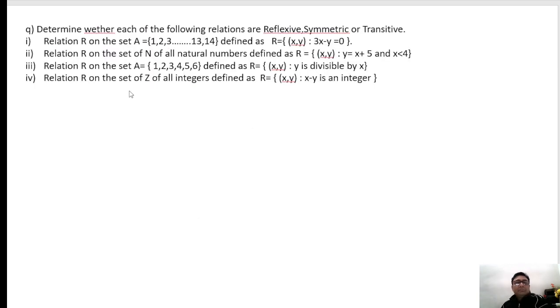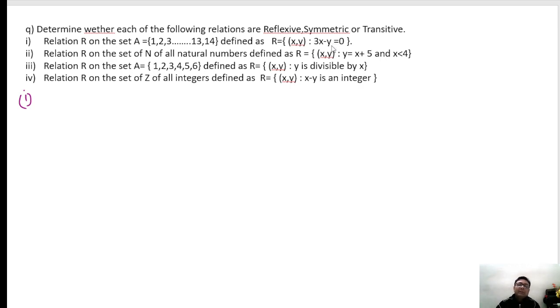Let's check. Determine whether each of the following relations is reflexive, symmetric, or transitive. Okay, so first one, we'll take the first part. Set A is given 1, 2, 3, 4 up to 14, and we have to choose coordinates such that 3x minus y is equal to 0.